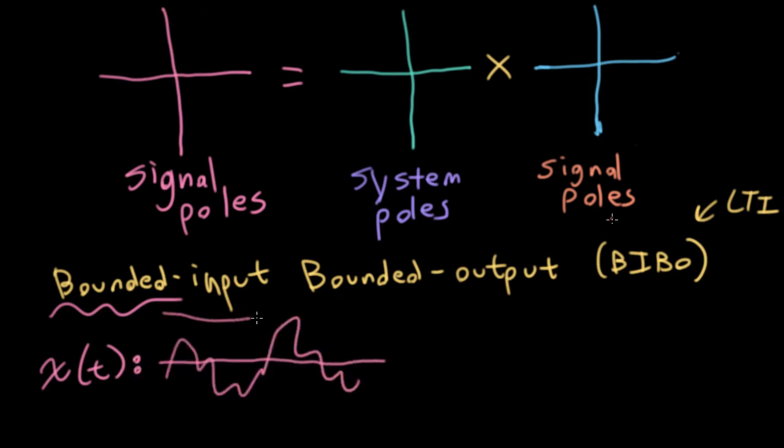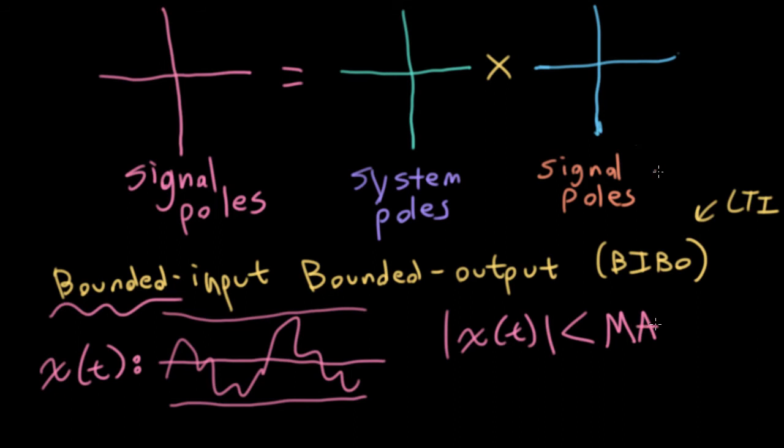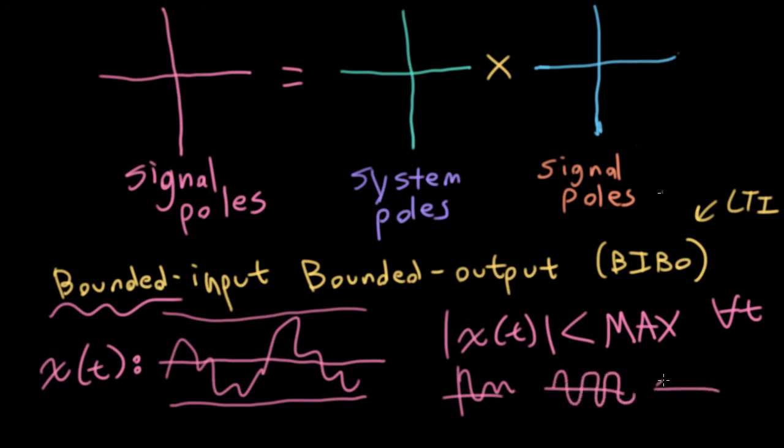A function x of t is bounded if the absolute value of this function stays within some particular max value. Let me call it max, just to have something to call it, for all t. So obviously something like a decaying exponential is bounded, a cosine going on for all time is bounded, but say a ramp function is not bounded.